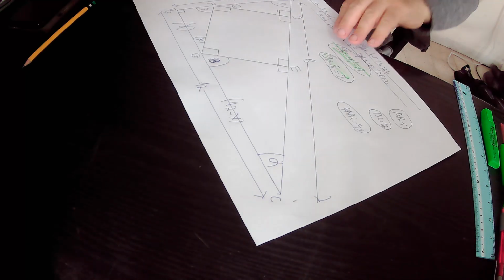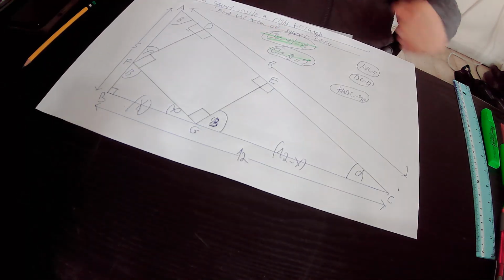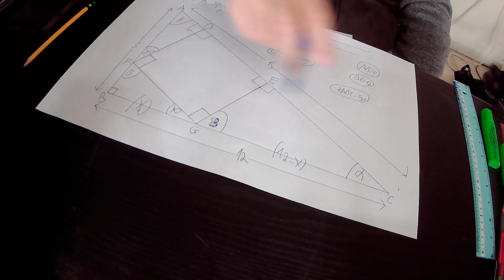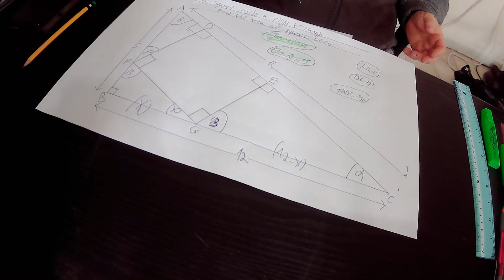So in the drawing we have in total 4 right triangles, 1, 2, 3, and the big right triangle, triangle ABC. Each right triangle has 3 angles that are alpha, beta, and 90 degrees.